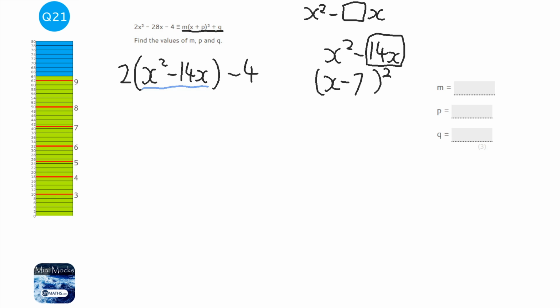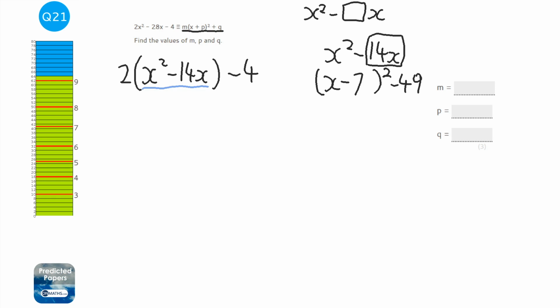Now if you expand that, using FOIL, that would be x squared minus 7x plus 49. Now we need the minus 7x to get the minus 14x, but we want to get rid of the plus 49 that it generates. So we need to take away 49 from it. And that's it, that's completing the square.